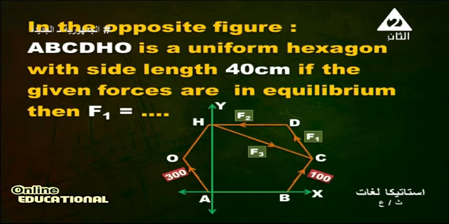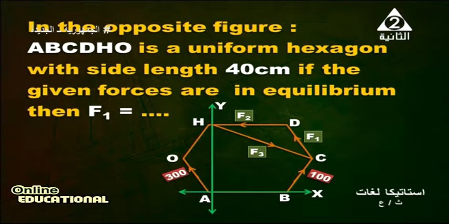My dear student, in the opposite figure, ABCDHO is a uniform hexagon with side length 40 cm. If the given forces are in equilibrium, what is the value of F1? Look at, my dear student, we have how many forces? F1, F2, F3 in the opposite figure, and 100 and 300.